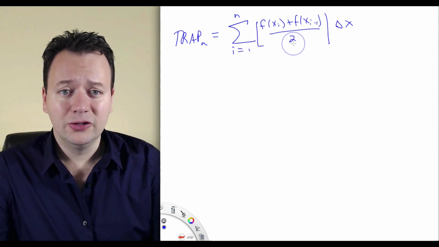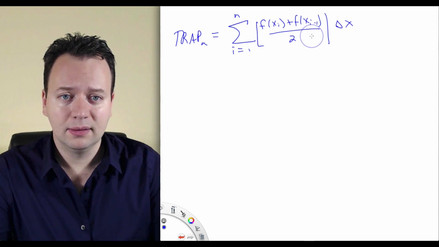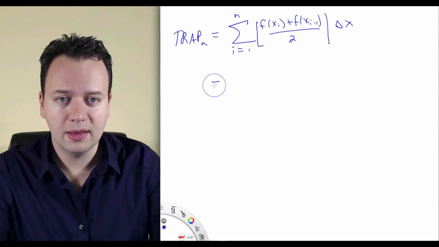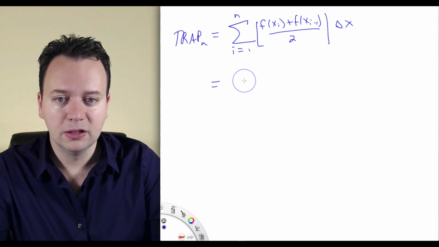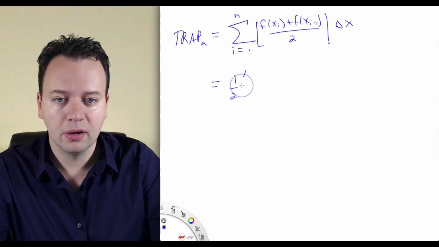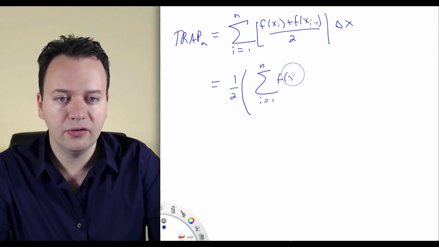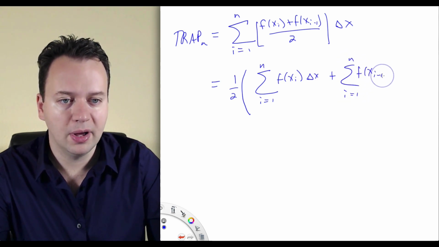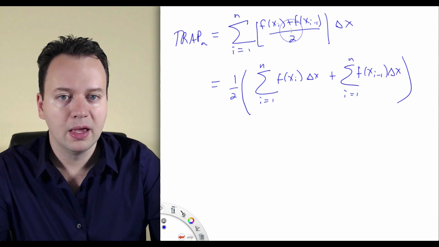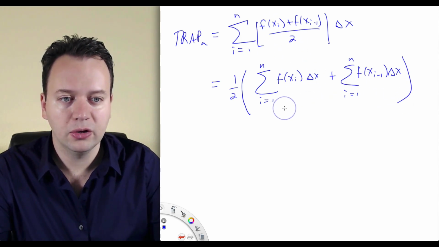Now delta x and 2 are constants, so we can pull out the sum and distribute the delta x. We can write this as 1/2 of the sum i equals 1 to n of f(x_i) delta x plus the sum i equals 1 to n of f(x_{i-1}) delta x. If you just break apart the sum, you can rewrite it like this.